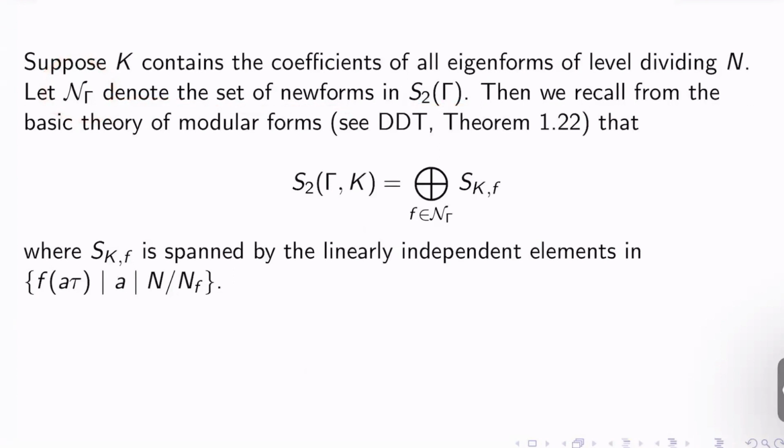And we'll recall from the basic theory of modular forms, you can see, for example, DDT theorem 1.22, although this is in a variety of places, that S_2(Gamma, K), so the cusp forms with respect to Gamma with K coefficients, is actually the direct sum over F in N_Gamma of what we'll call S_K(F), which is the space spanned by the linearly independent elements in the following set, the set of all F of a tau, where a divides N over N_F. N_F is the level of F here.